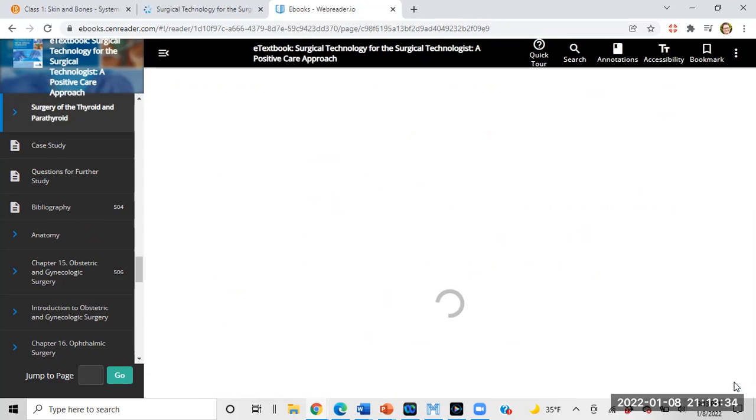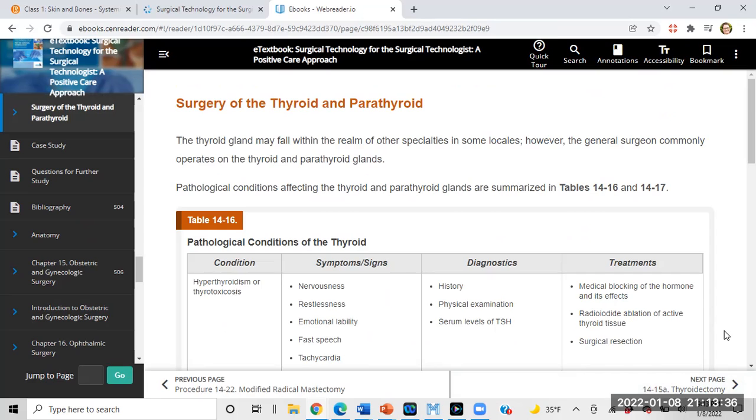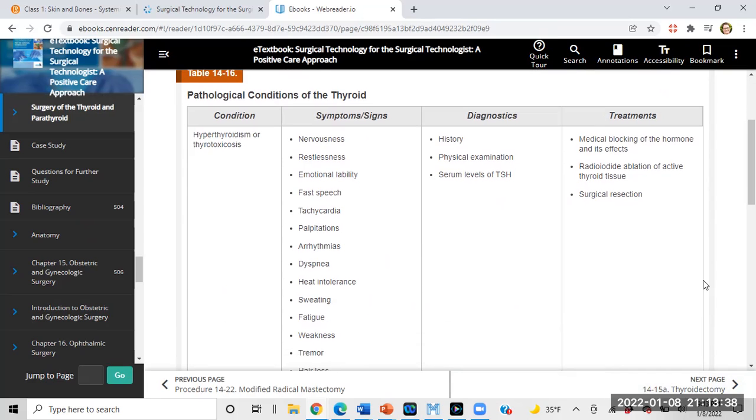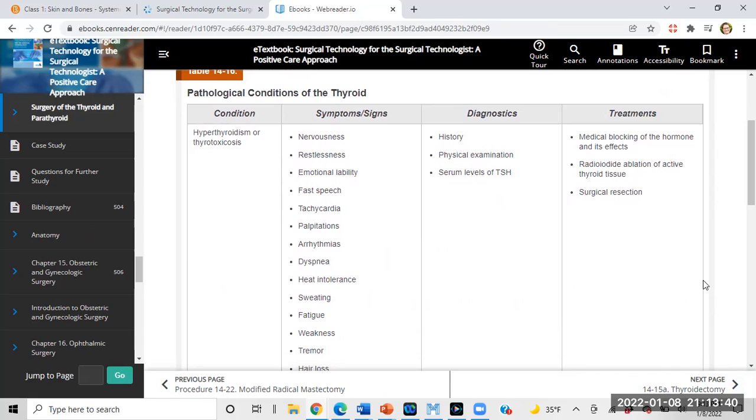And then let's go to the surgery of the thyroid and parathyroid. So the conditions that we have with the thyroid, of course, we have hyperthyroid or thyroid toxicosis. And when you think about hyperthyroid, I want you to always think about everything in the metabolism being hyper. So there's nervousness, tachycardia, tachypnea, eyes bulging.